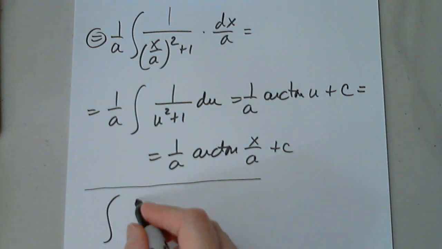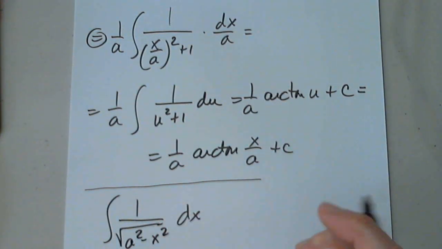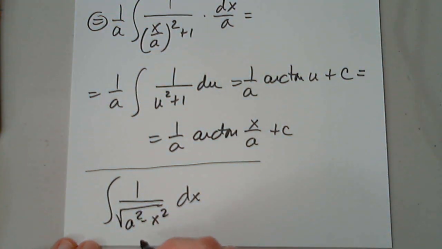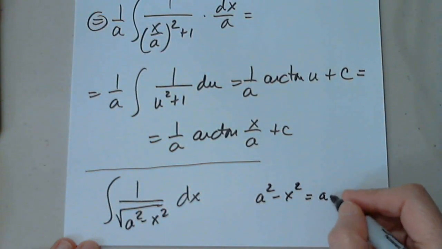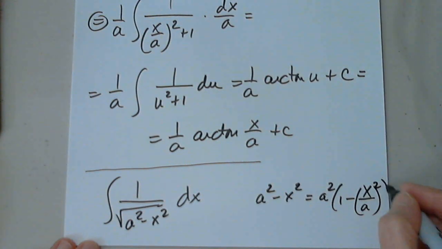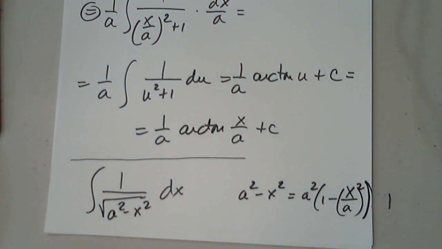So for the last one, we have 1 over the square root of a squared minus x squared dx. The same thing, I will factor out a squared. So I have a squared minus x squared, which is a squared times 1 minus x over a everything squared. Good.